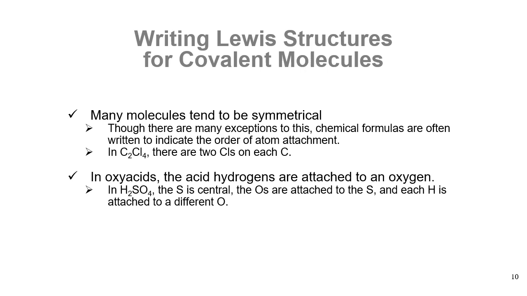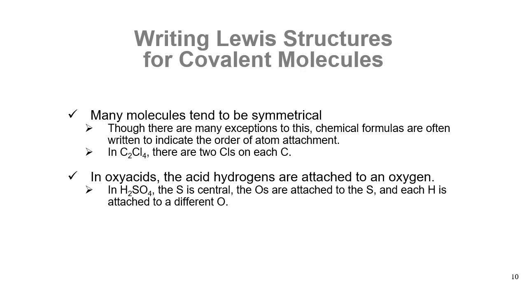Chemical formulas are often written to indicate the order of atom attachment. For example, in C2Cl4, there are two Cl's on each carbon. So the chemical formula helps us determine how to draw the molecule.